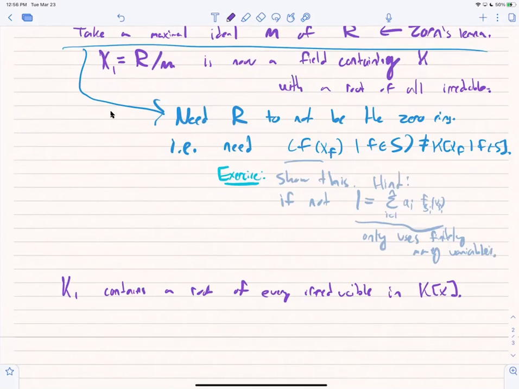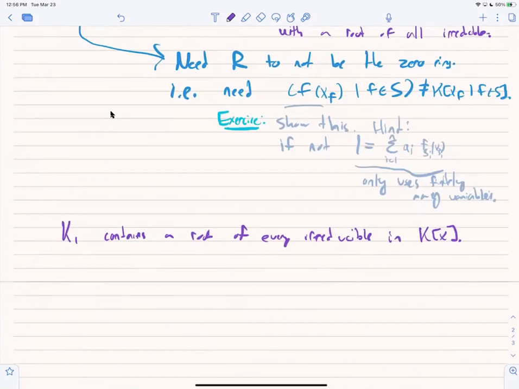It probably is transcendental, except in very trivial examples. So K1 is not an algebraic closure of K. It's not algebraically closed, typically. At the very least, nothing I've said would verify that, but it does contain a root of every irreducible in K[x].